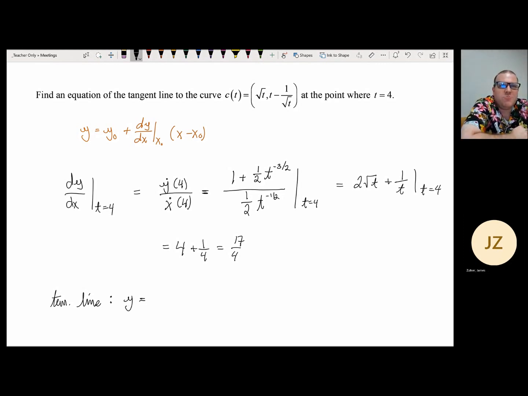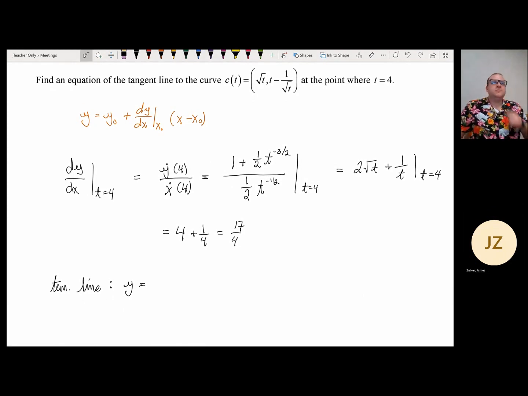Tangent line would be y equals, what is y naught? No, you're thinking of, if I put it in the form y equals mx plus b, b is the y-intercept.